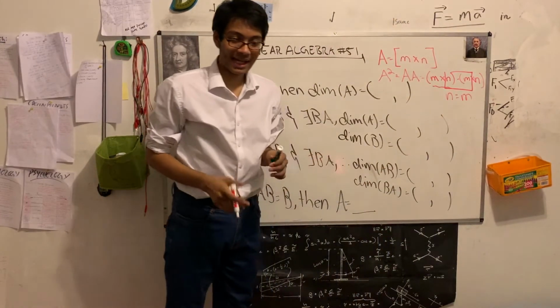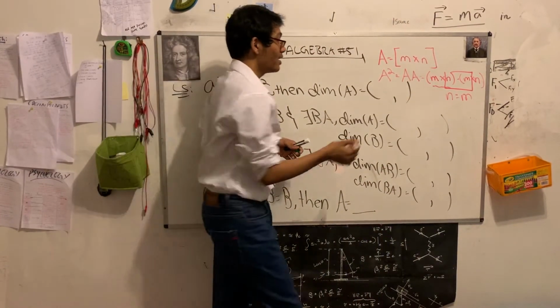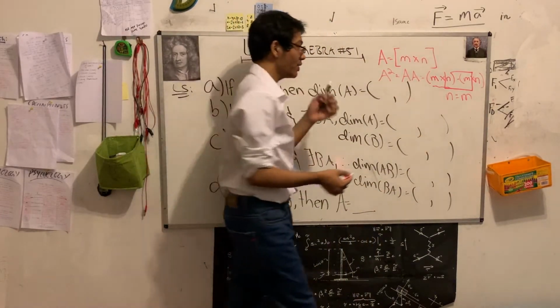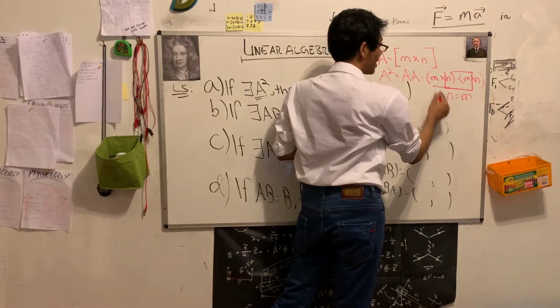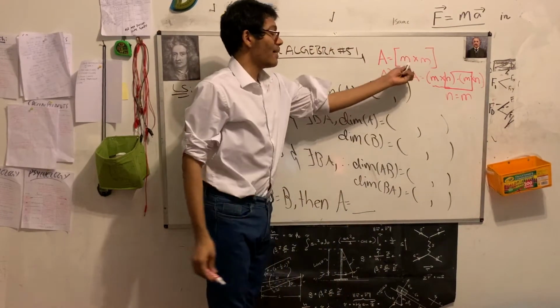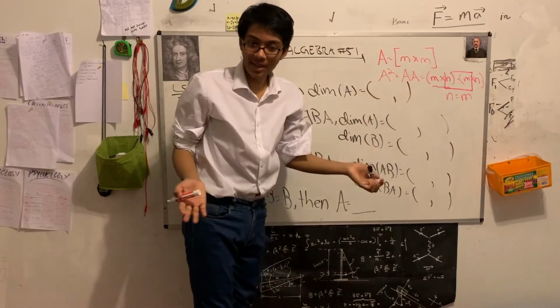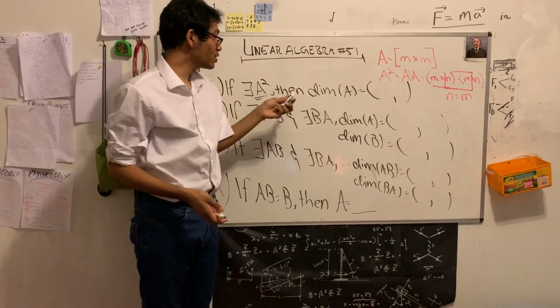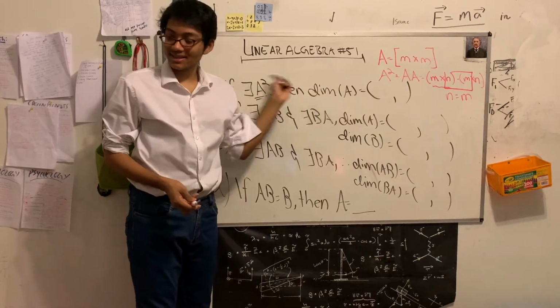And in the case that n equals m, what we're going to have is a square matrix, right? Look, then A is just m by m, and m by m times m by m is just m by m, which is compatible, right? Or n by n. So, can you finish this sentence now?